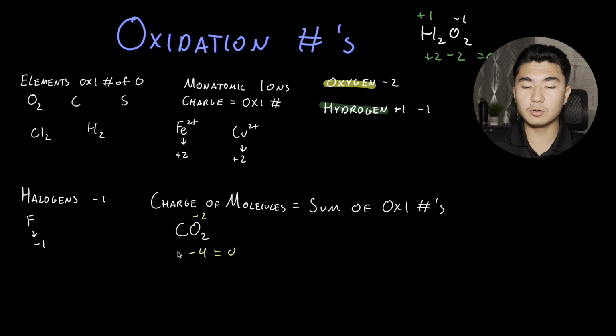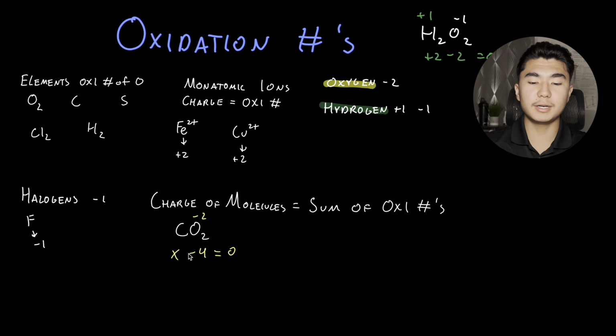So this is going to equal 0, and we have X over here because we don't know the oxidation number for carbon. So all we really have to do is ask ourselves, what minus 4 equals 0? Or we can move this 4 over, and our X equals 4. So the oxidation number for carbon is going to equal +4 because 4 minus 4 equals 0.